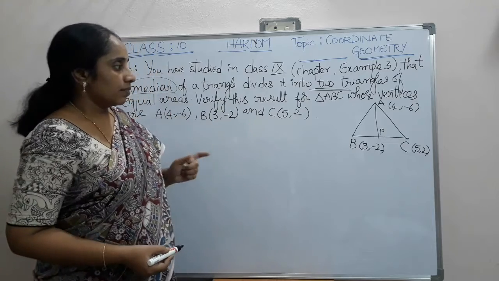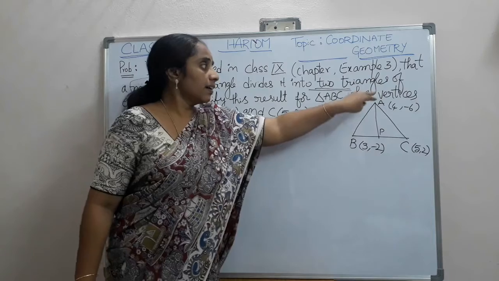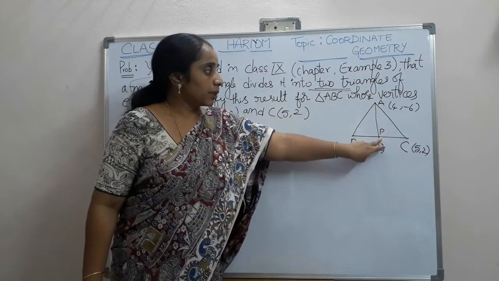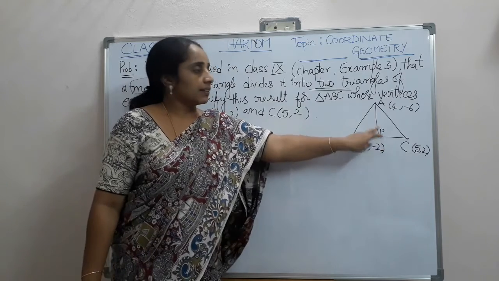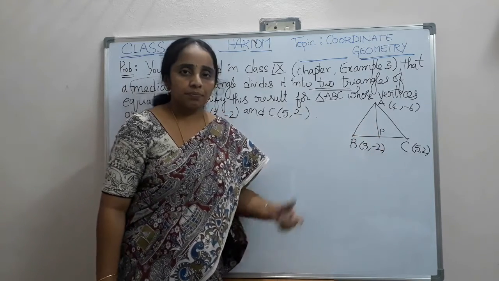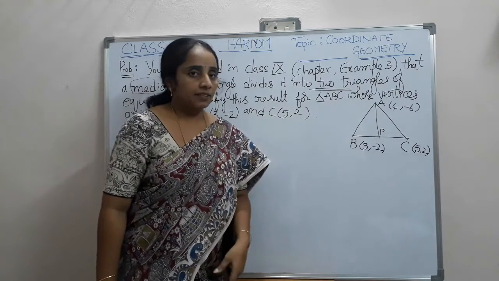For that, first, median means joining a vertex and the midpoint of its opposite side. Here AP is the median.